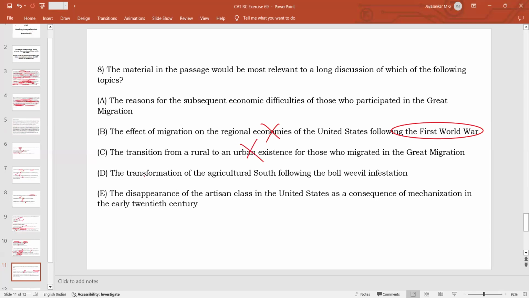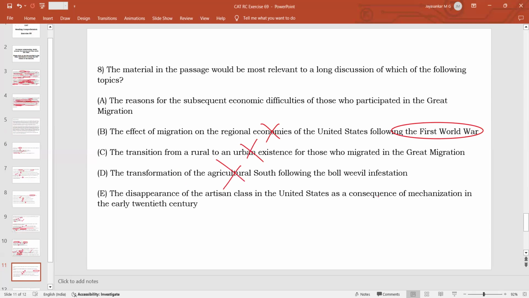So this is wrong. Option D, the transformation of the agricultural south following the boll weevil infestation. Again, a supplementary idea. This is not the main idea in the passage. So the passage does not have enough information for a subsequent discussion on this topic. So again, wrong. Option E, the disappearance of the artisan class in the United States as a consequence of mechanization.